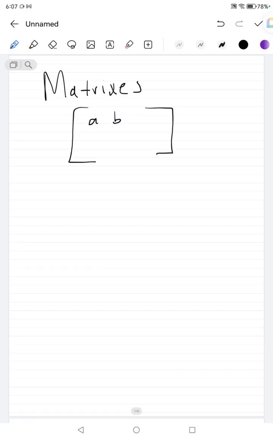You'll have your A, B, C, D, E, F, G, H, I. You see? So as I said, it's a rectangular array with a set of numbers that are arranged in rows and columns.